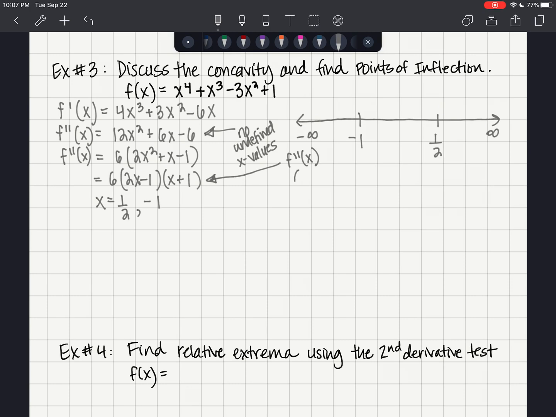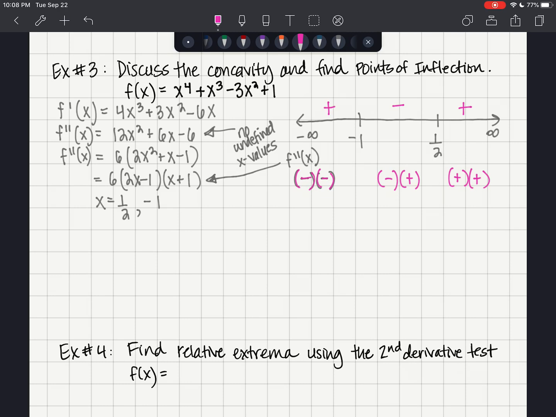When I put a -10 in, I'm going to get a negative times a negative, which is a positive. And when I put a 0 in, 0 is between -1 and 1/2. I'm going to get a negative times a positive, which is a negative. And if I put a +5 in, I'm going to get a positive times a positive, which is a positive.